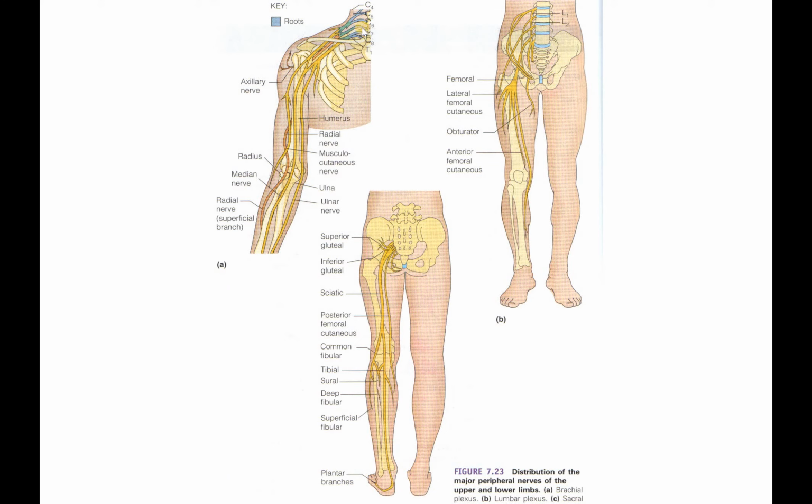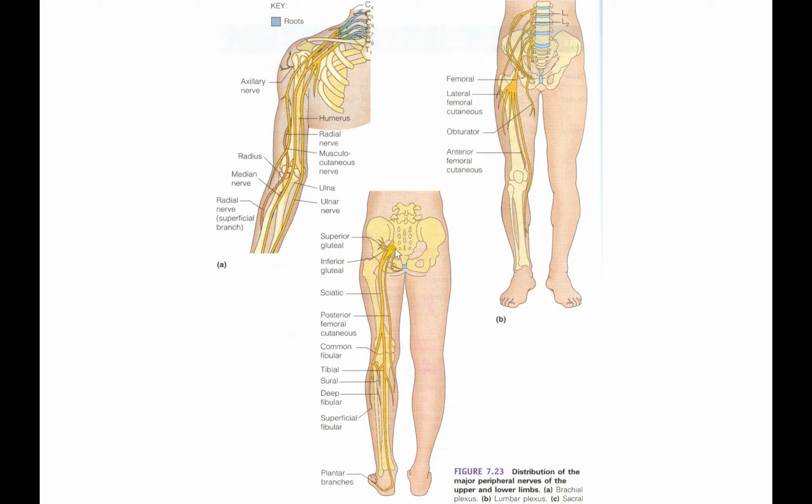Okay, in the neck, this is brachial plexus that comes down, and we have different nerves. We'll name these nerves later in another slide and get more detailed with them, but there's the axillary nerve, the radial nerve, the median. In the lumbar spine, we've got the lumbar plexus, which comes out, femoral nerve, obturator nerve, femoral cutaneous nerve.